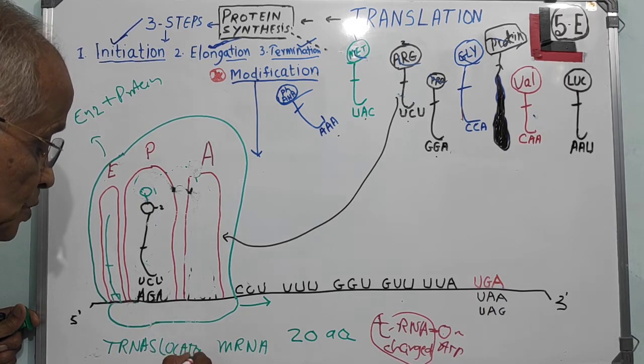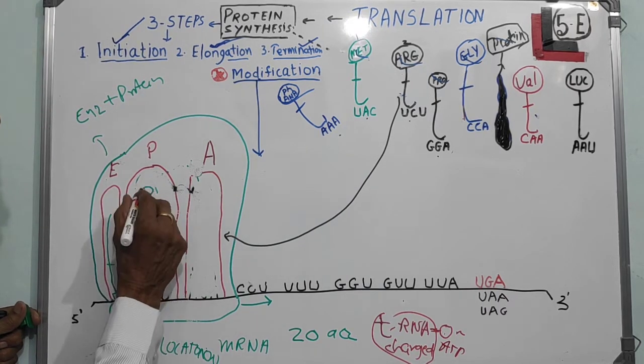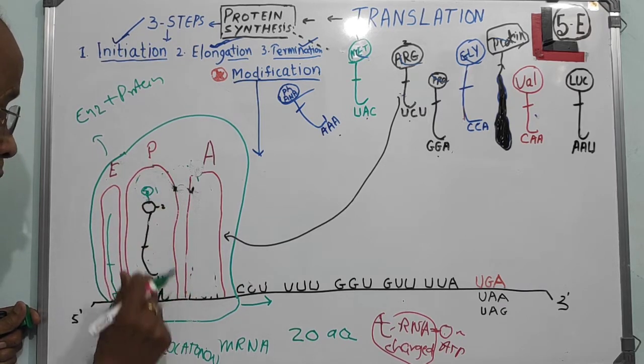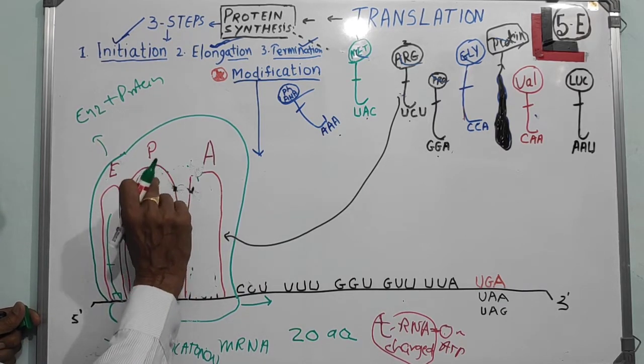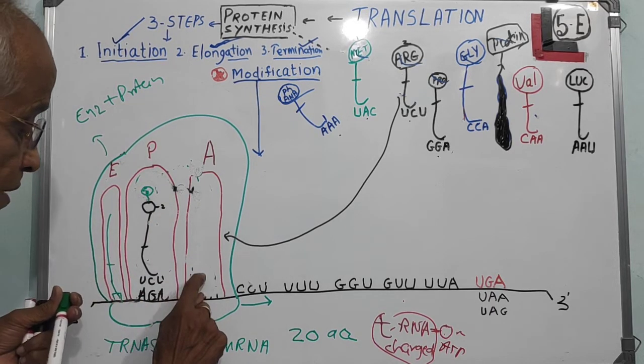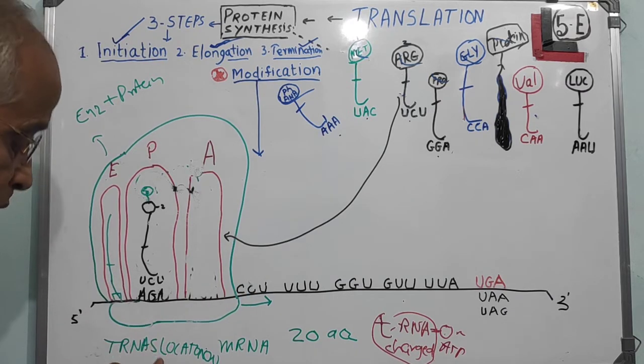So translocation moves the amino acid chain, that is 2 amino acid chains are here, into the peptidyl site again. This is ready to do one more peptide link, and to this site, now this particular combination comes.